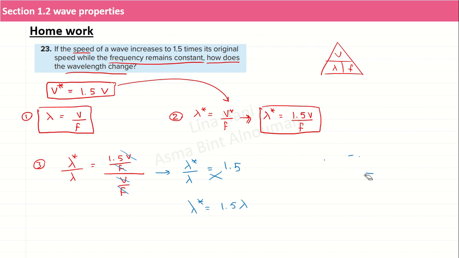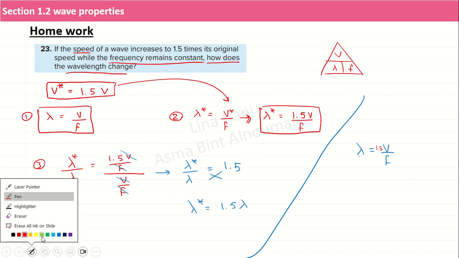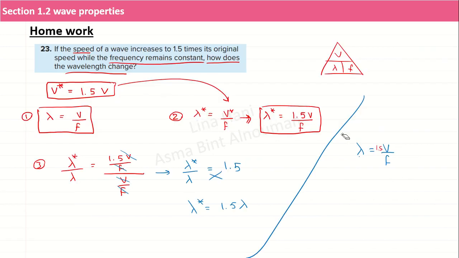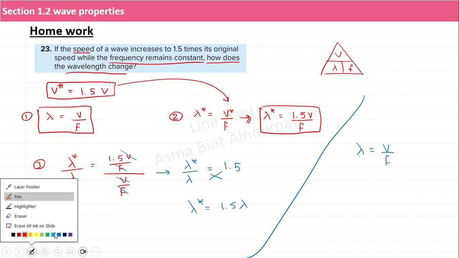Right, so this is the first way of finding a ratio. Of course, there's another way, which is finding what number entered the equation. So lambda equals v over f. You can see that the number that entered the equation is 1.5. Let me write it as a separate equation.